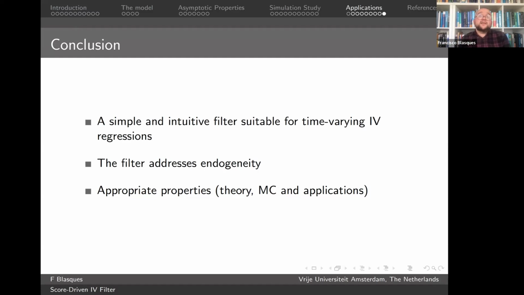So I'm guessing more often when we filter time-varying parameters in regression models, we will actually be applying this type of IV score filtering approach rather than a non-IV approach because of fears of endogeneity. The filter, as we've seen both in simulations and theory and practice, seems to conveniently address endogeneity bias and has the appropriate properties.